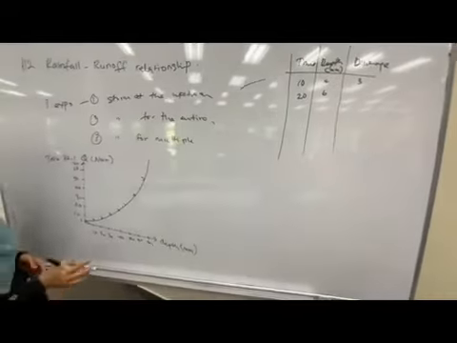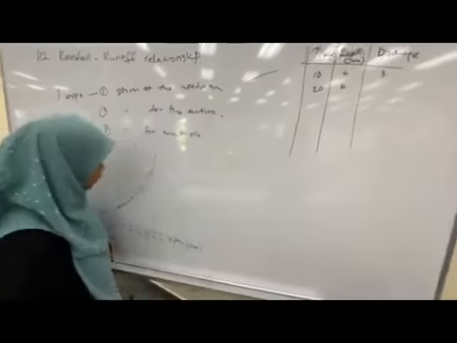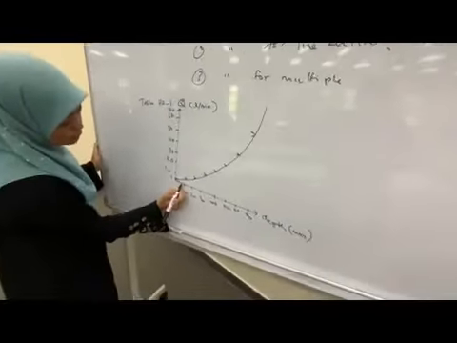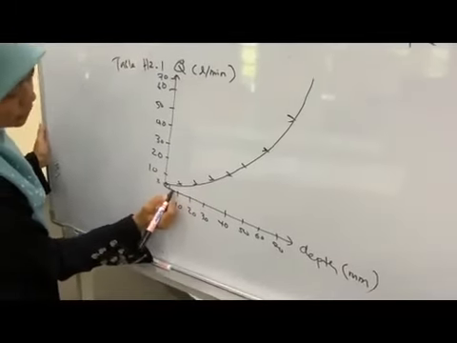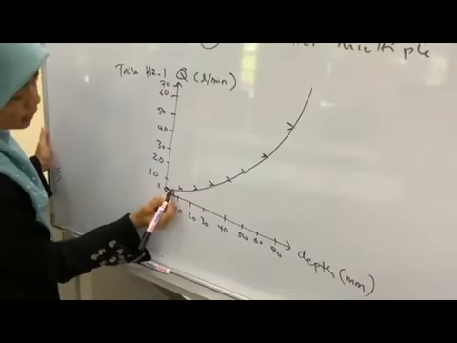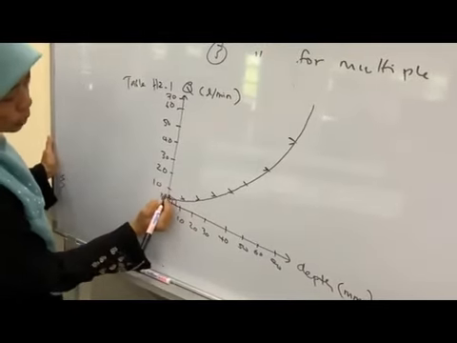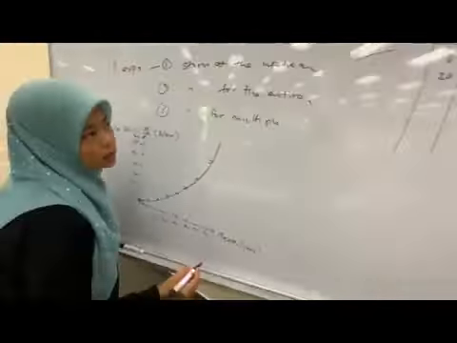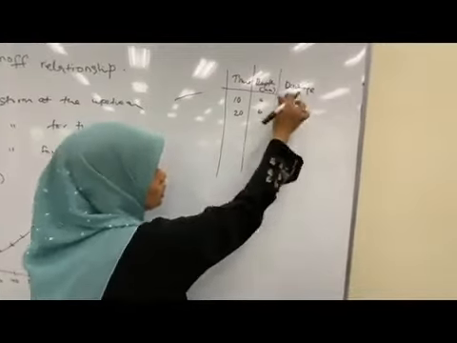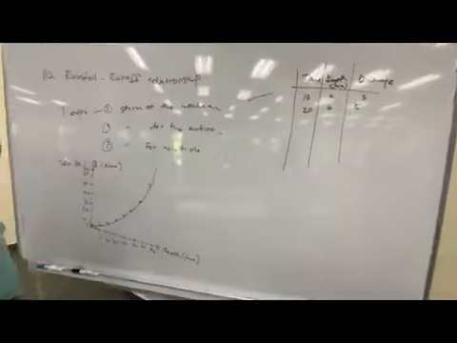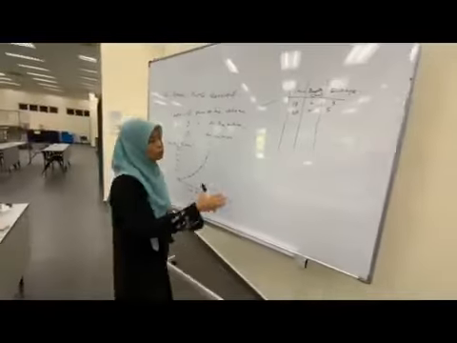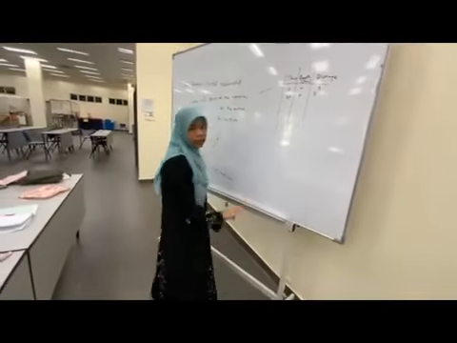Similarly for the water depth of 6, somewhere here, you just extend the line and project to the y-axis. So this is around 5. You repeat the same process until you fill in all the data here.